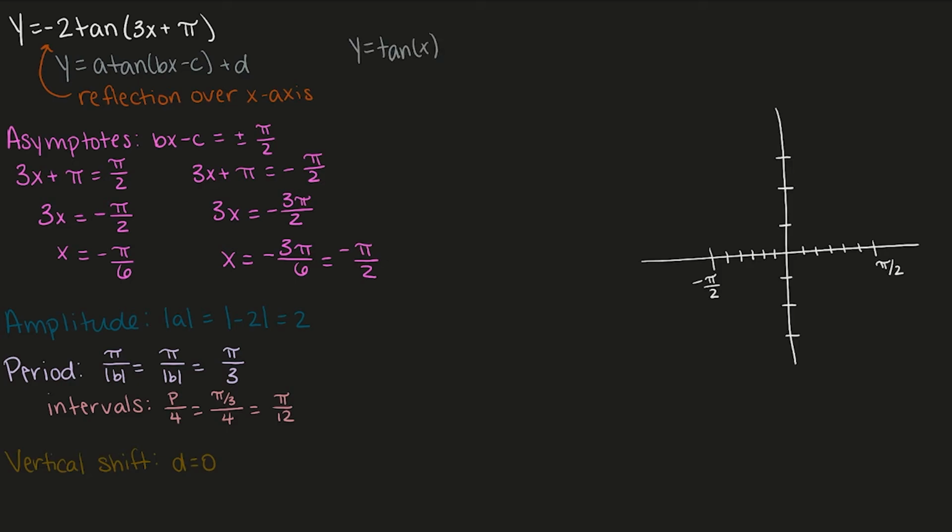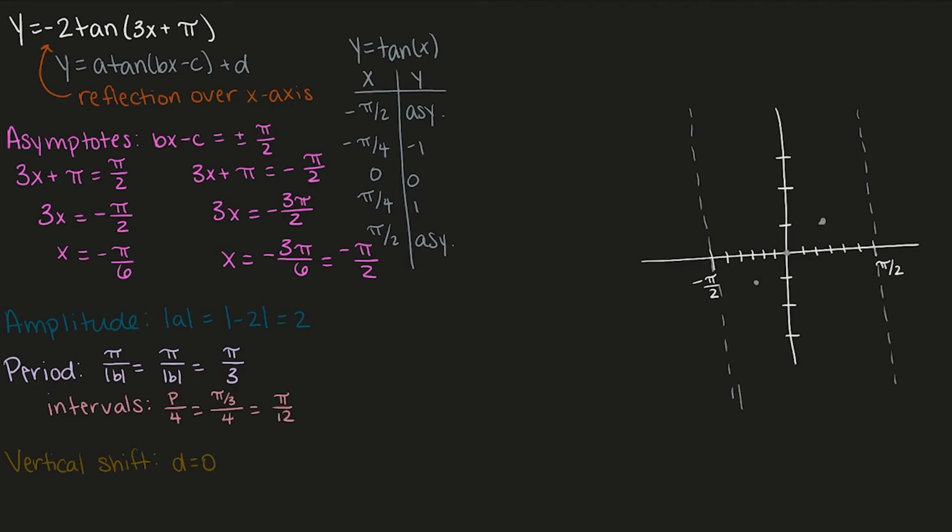Here's the table of values and graph for our parent function, y equals tangent x. Let's find our table of values for our transformed function.